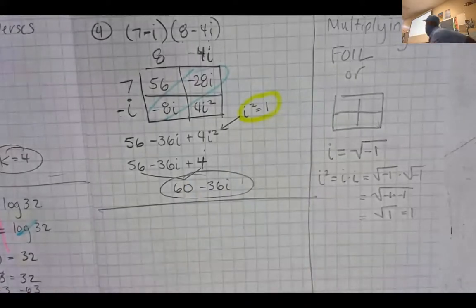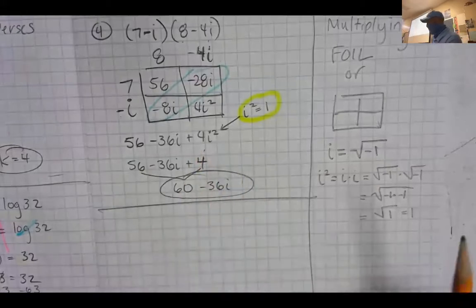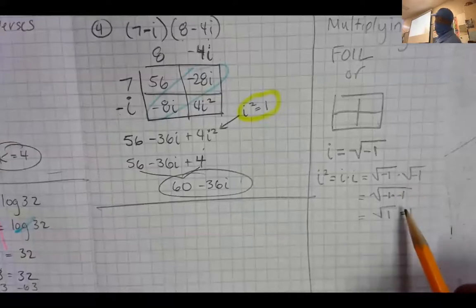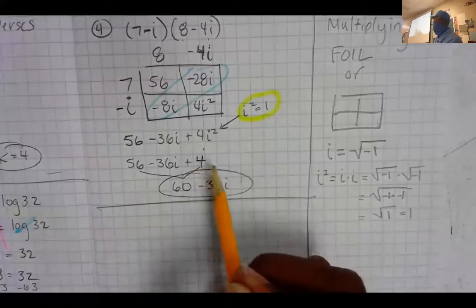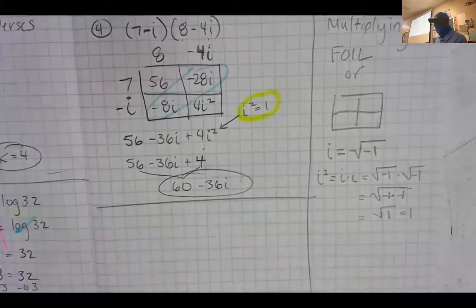So that's the main thing you're going to deal with on those imaginary problems: when you multiply the i's, just make sure that becomes 1. You don't have to remember all of this, or just explaining why, but just remember i squared equals 1. So once you multiply the i's, that'll give you a 1 at some point.